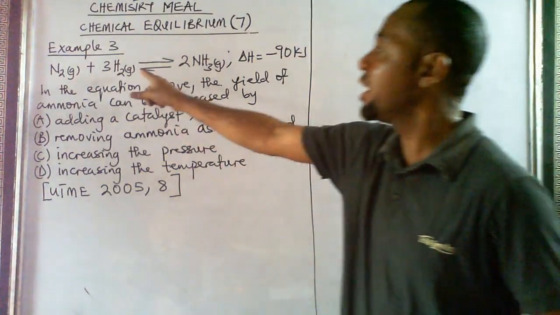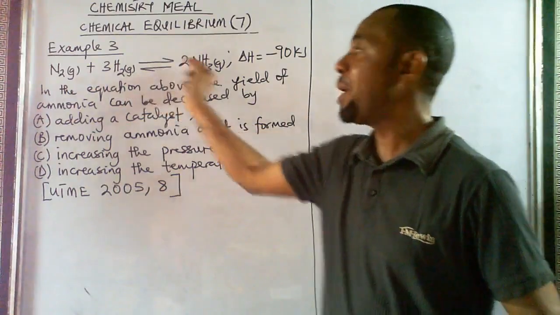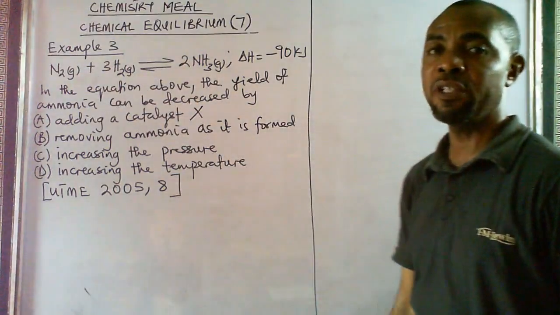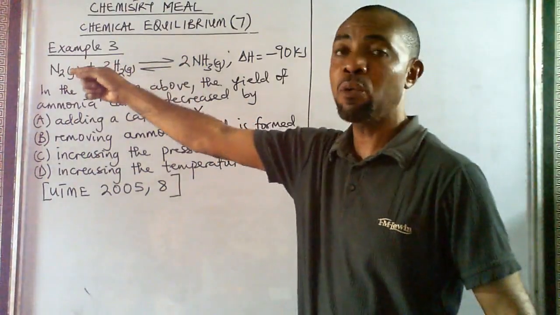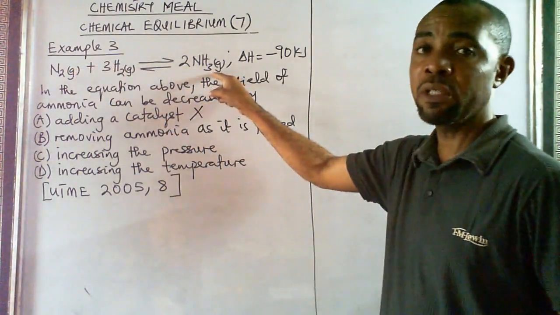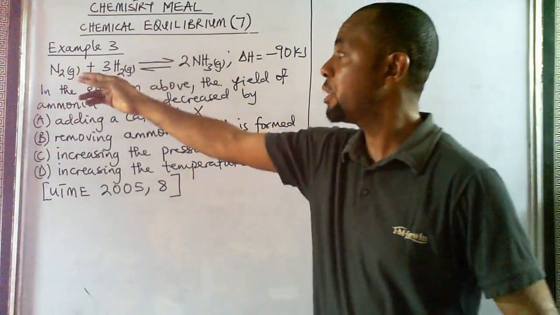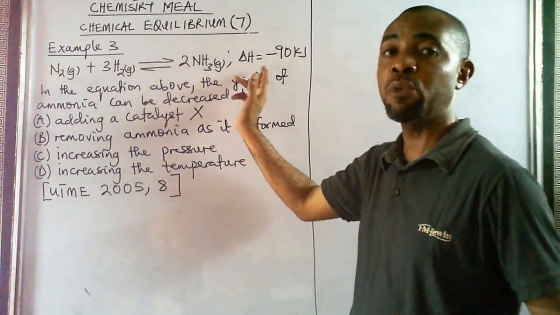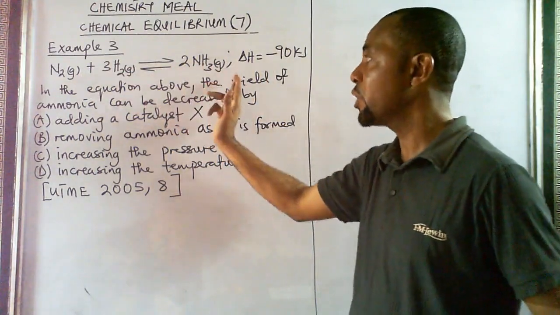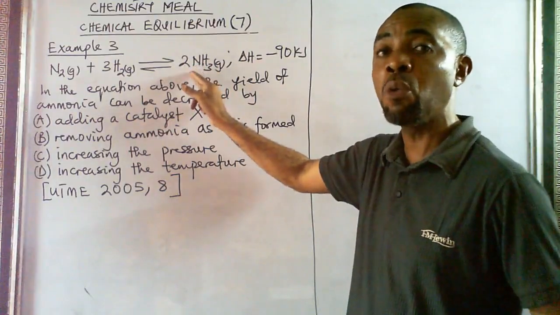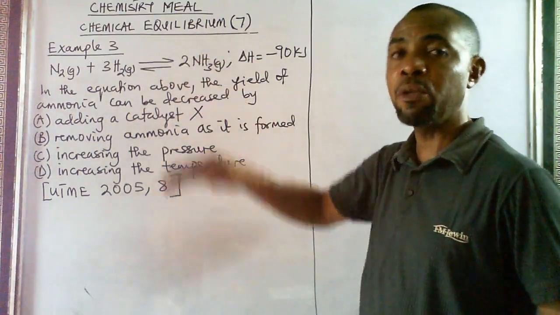So if we increase temperature here, the backward reaction will be favored. And anything that favors the backward reaction will decrease the yield of ammonia. Because if it favors the backward reaction, it means the forward reaction will not be favored. And if the forward reaction is not favored, we will not produce more ammonia. The yield of ammonia will be less.